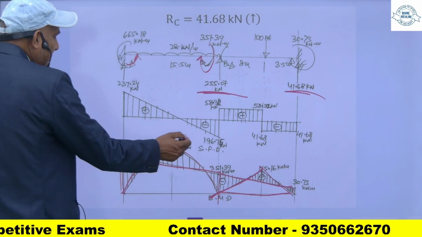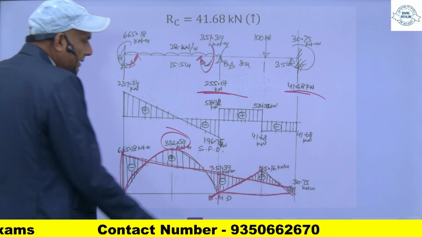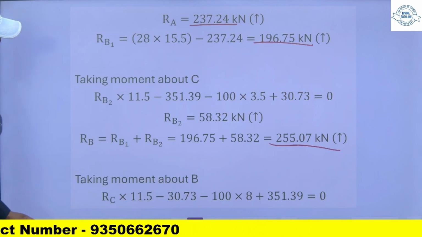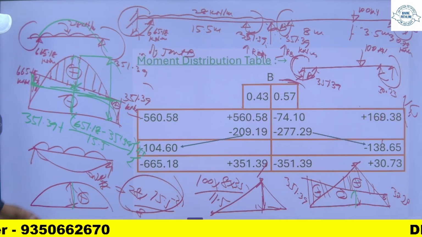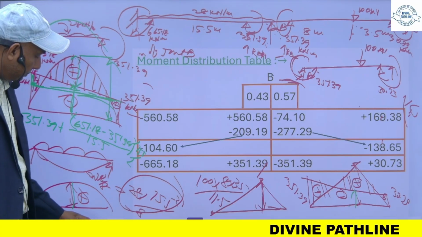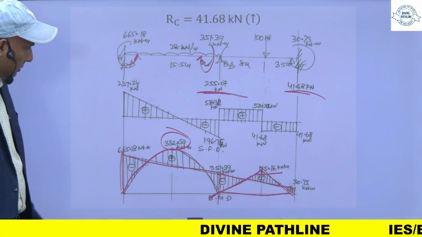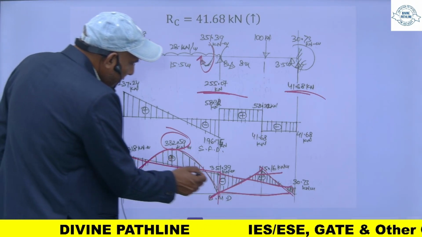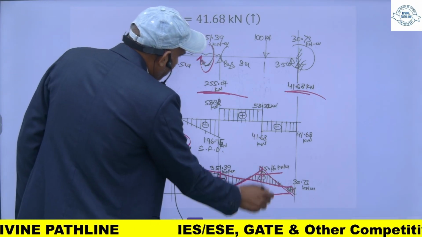So this value will be 332.59 and this is 115.16. These moments we have connected both. So this is negative and this one positive, this is negative, this is positive.